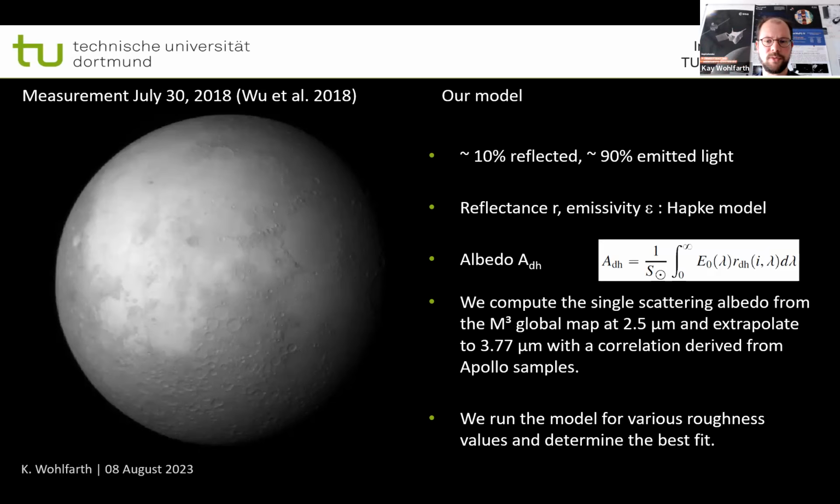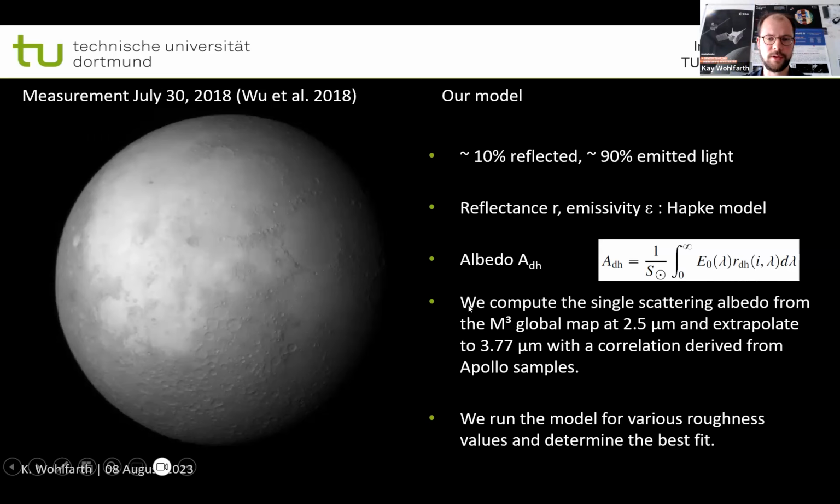I think there's a paper from Vasavada 2012 that derived the directional hemispherical albedo from Diviner measurements, and from Skuratov 2011 you can also find the definition of the directional hemispherical reflectance.